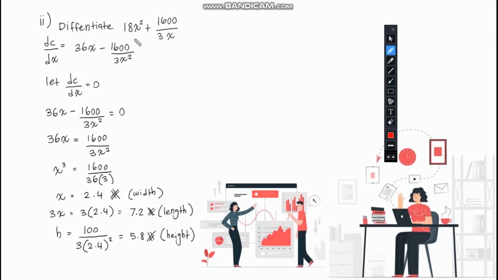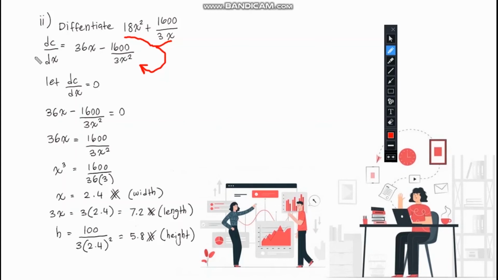Okay, now once we have the equation for the minimum cost, to find the minimum dimension of the rectangular aquarium tank, we have to differentiate 18x squared plus 1600 over 3x, and we will have 36x minus 1600 over 3x squared.